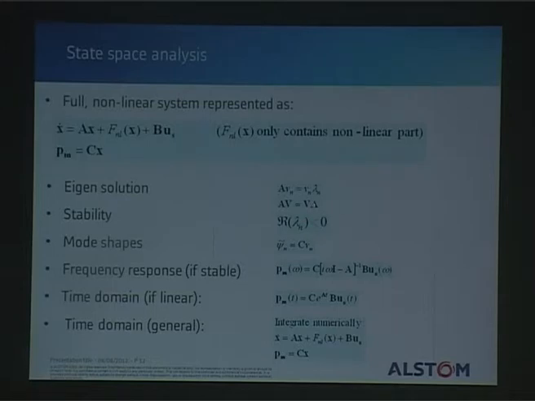The eigensolutions give you the eigenfrequency, but also the eigenvectors of the states, and you then have to map the eigenvector of the state via your output matrix to the quantity where you want to have the mode measured. Frequency response and time response are straightforward. If you want to solve the real system with the nonlinearity and the sources, you have to integrate the whole system numerically.